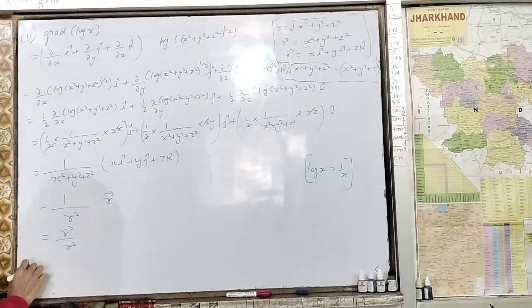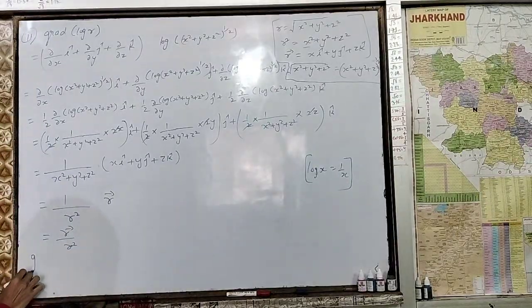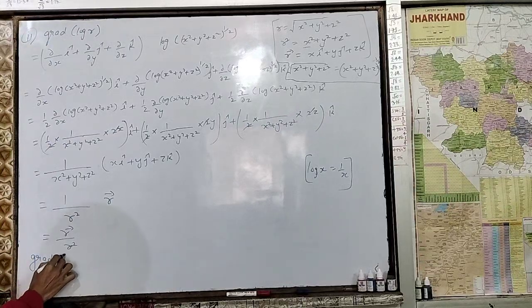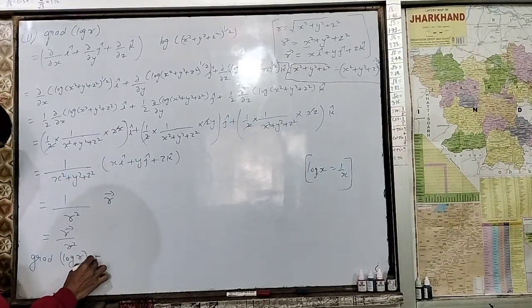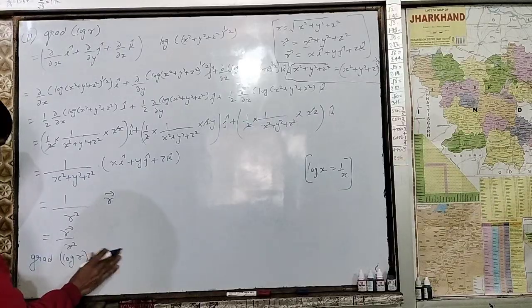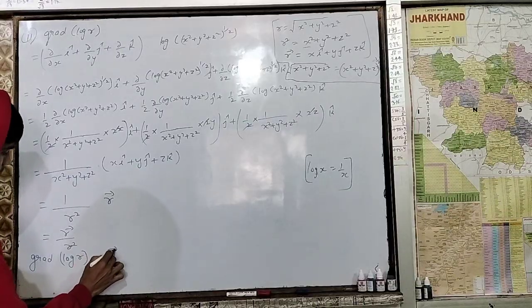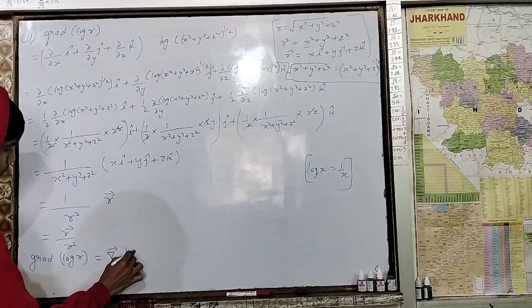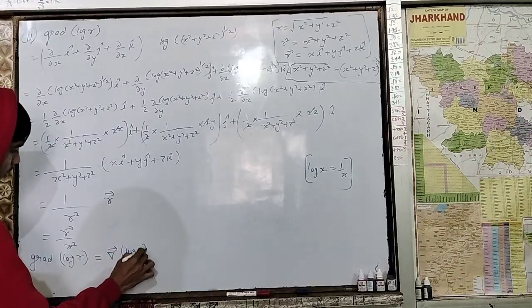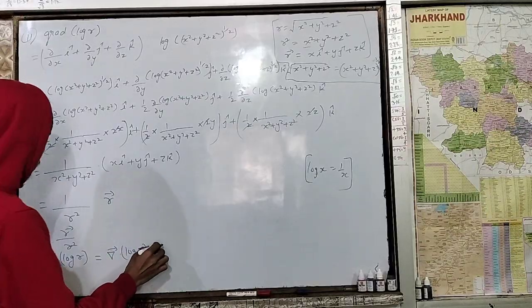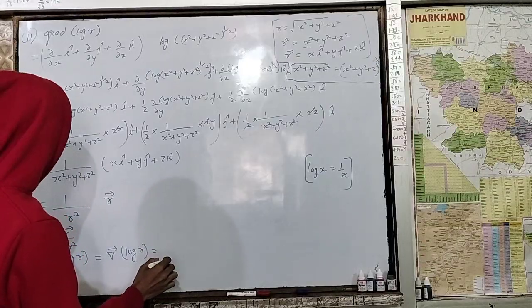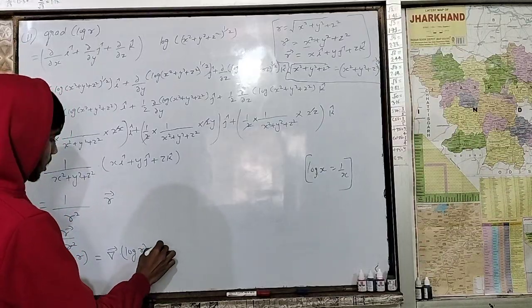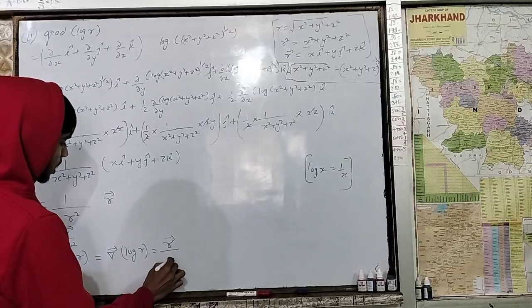And this is nothing but it is grad of log r, which is equal to del operator into log r, which is equal to position vector upon r square.